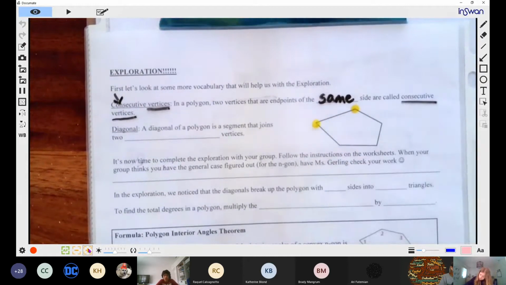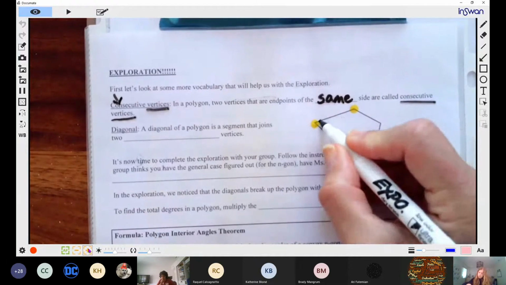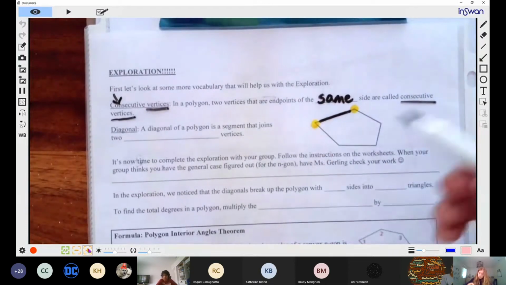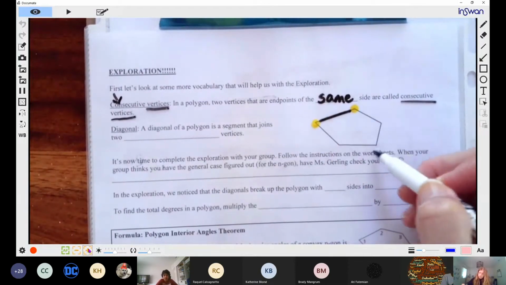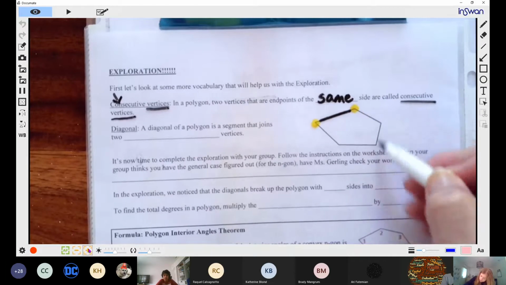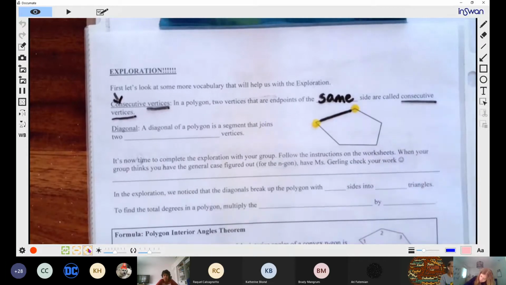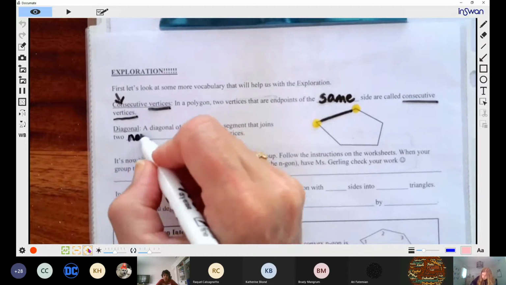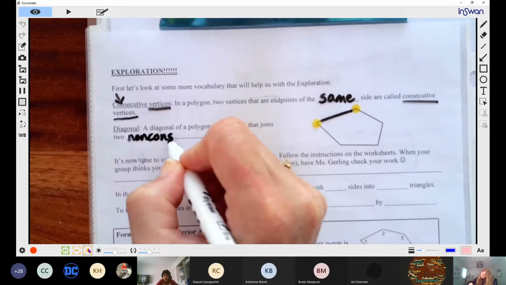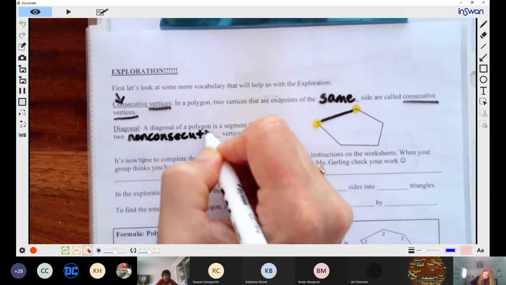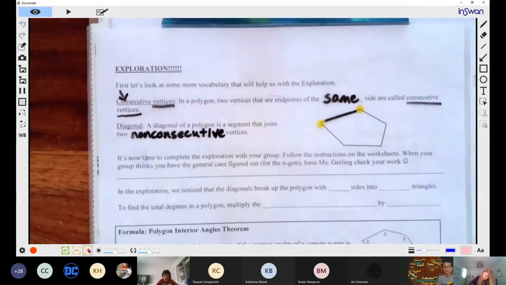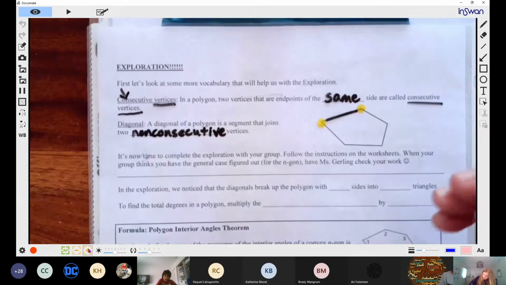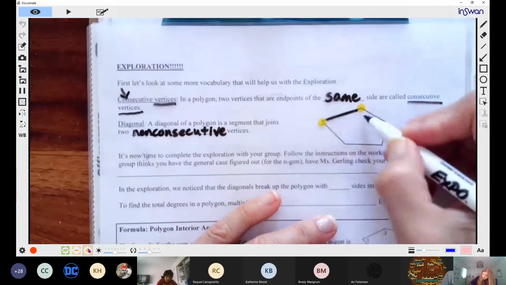Look at that. They share this side right here. Same side. So, like this and this are not consecutive because they're not on the same side. So you can't do that. However, what we're going to define as a diagonal is between two non-consecutive vertices. So a diagonal is like this, like here.